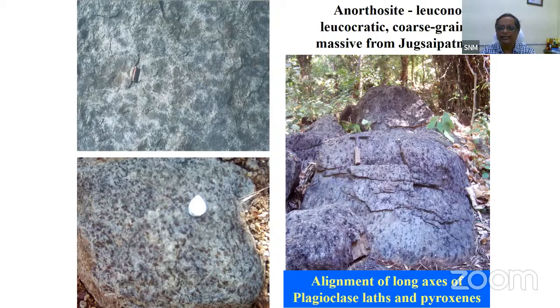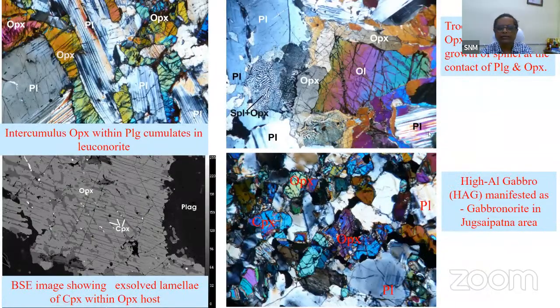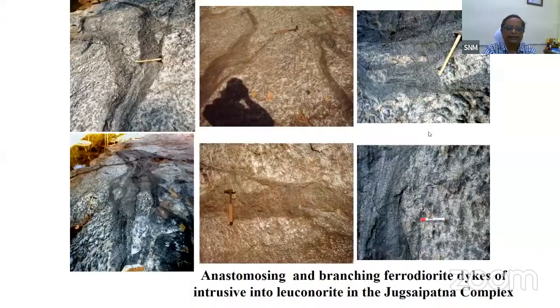And as you can see here, in some places we also noticed alignment of the pyroxenes and feldspars. More or less similar textures we have found: cumulus plagioclases and intercumulus pyroxenes. And this rock has also suffered metamorphism, so metamorphic features are there.